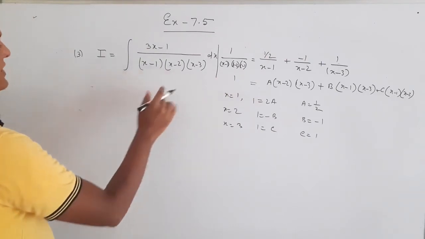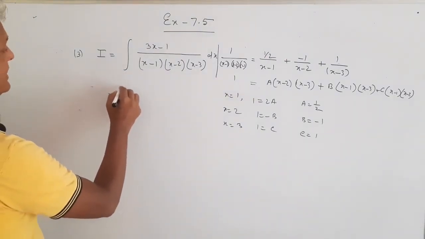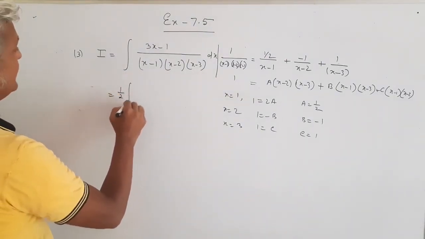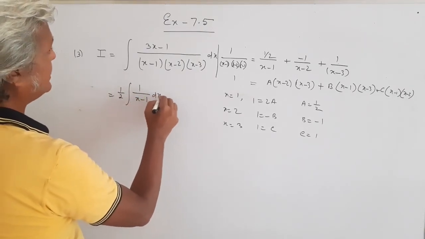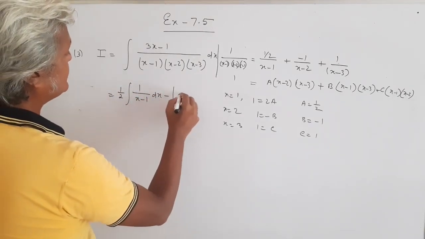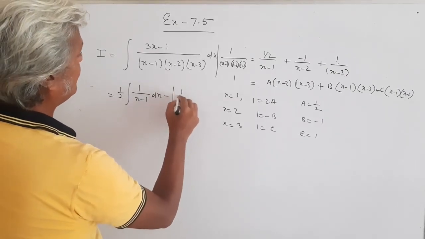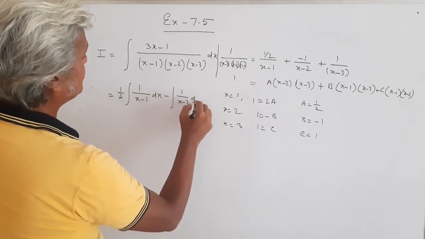So instead of integrating this, we will directly write half integration of 1 over x minus 1 dx minus integration of 1 over x minus 2 dx.